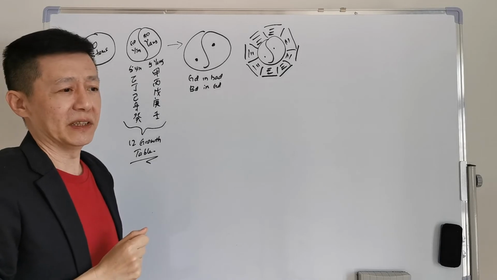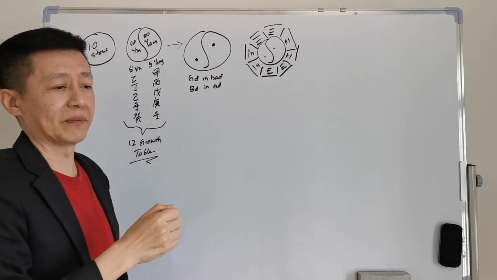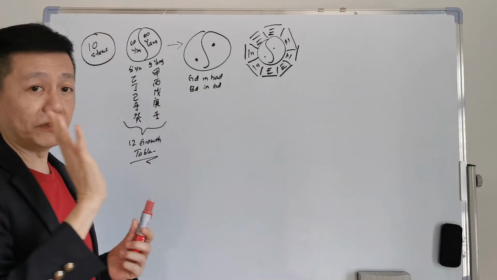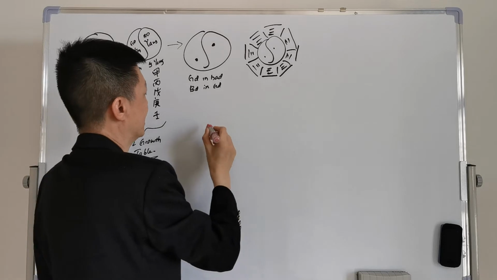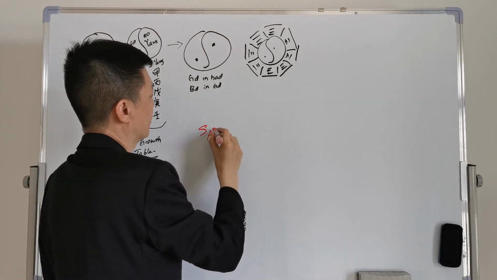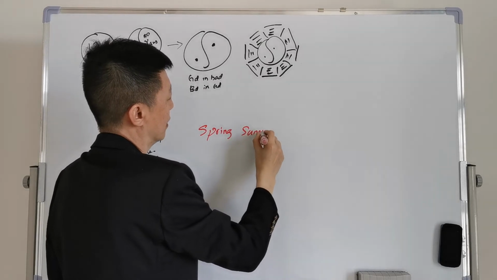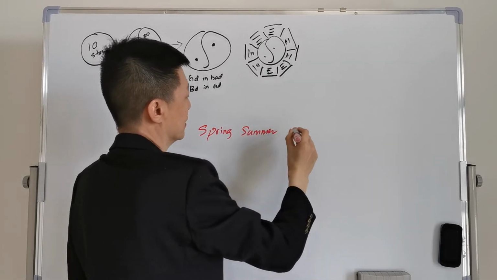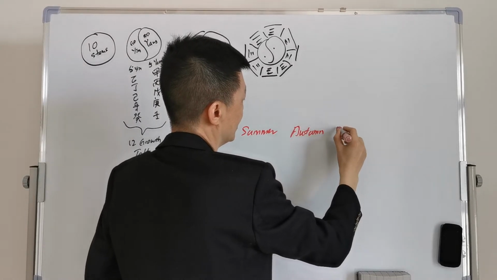Then you will have a better understanding of how to interact with the Taiji. Taiji has 4 parts, right? These 4 parts are called spring, summer, autumn, and winter.